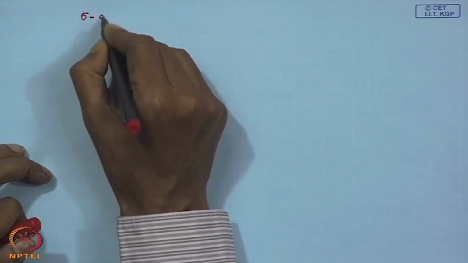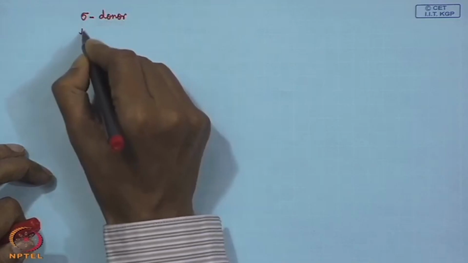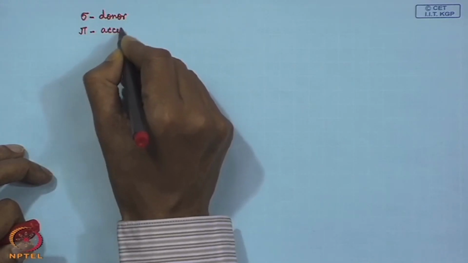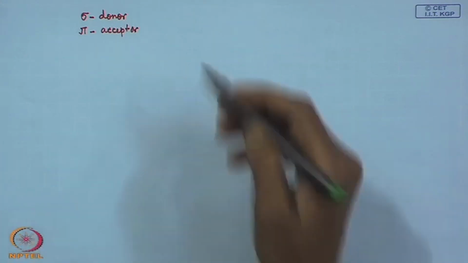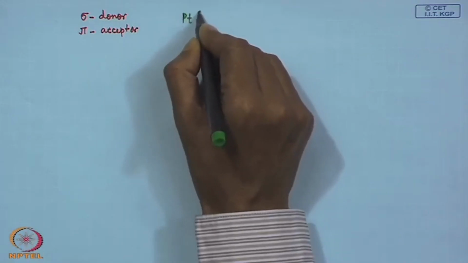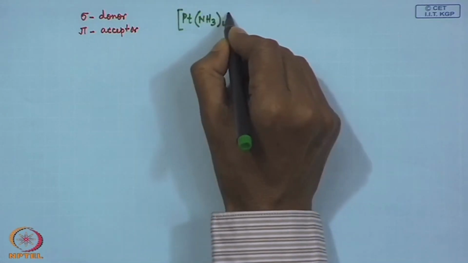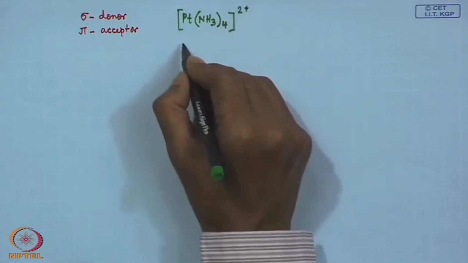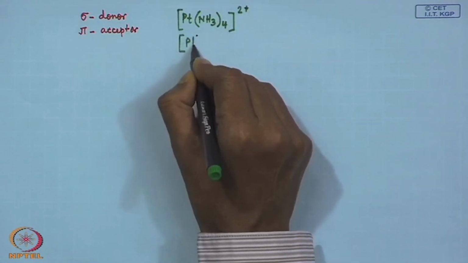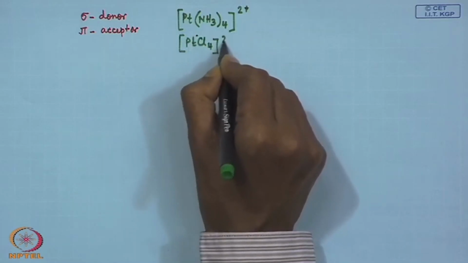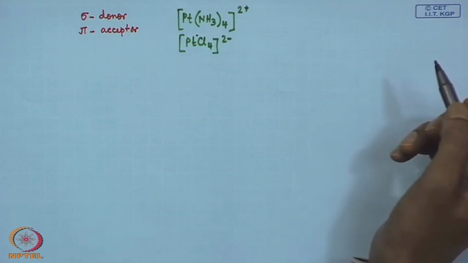So, we see whatever we have seen for the abilities in terms of the sigma donor and pi acceptor ability, we have two starting materials we can consider, the tetraammine salt of platinum and the tetrachloride salt of platinum.